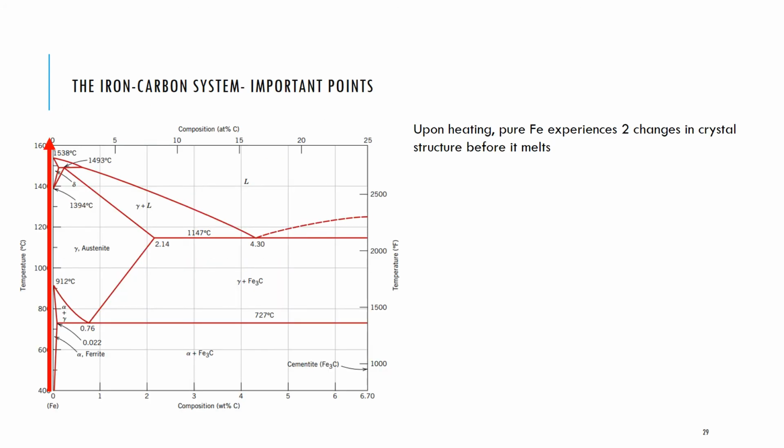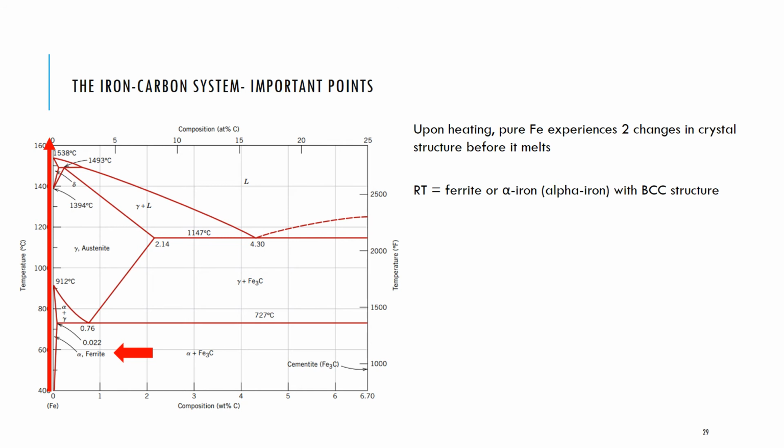So here is the iron-carbon phase diagram, and we'll start very simply and imagine we have just iron, so no carbon added at this point. When we heat iron, pure iron, it experiences two changes in crystal structure before it melts into a liquid.